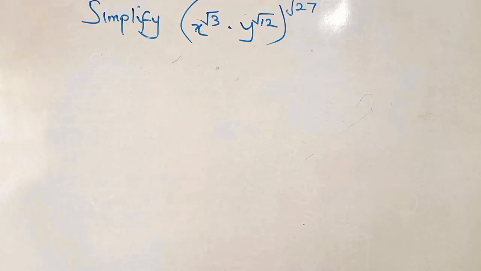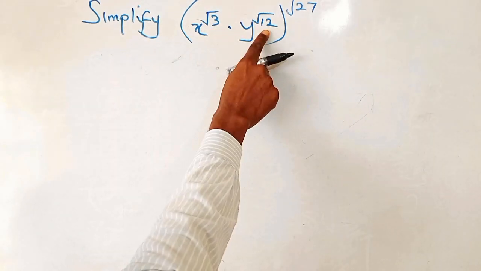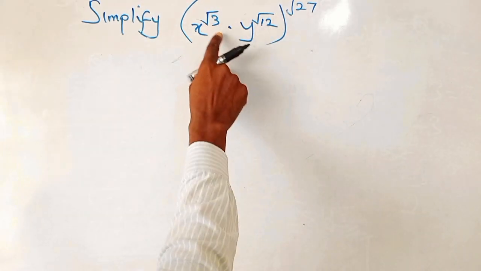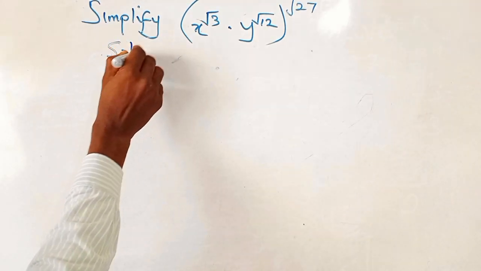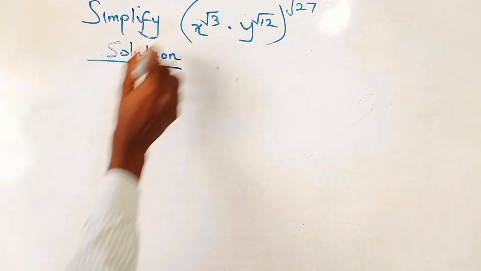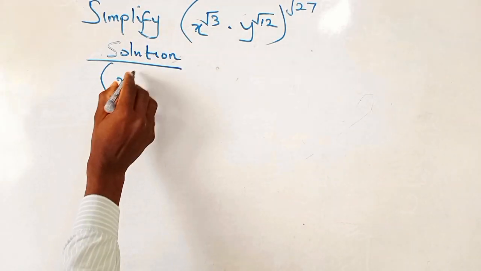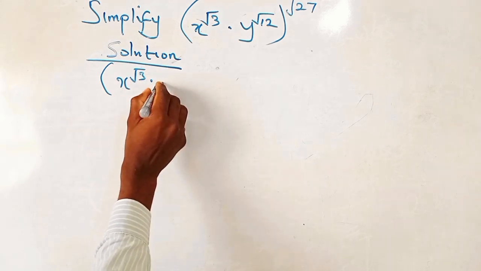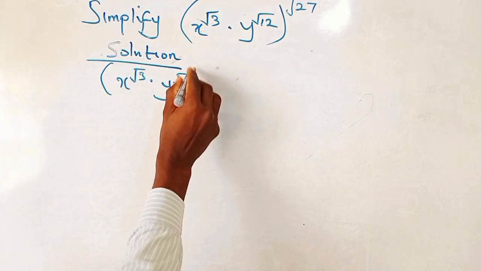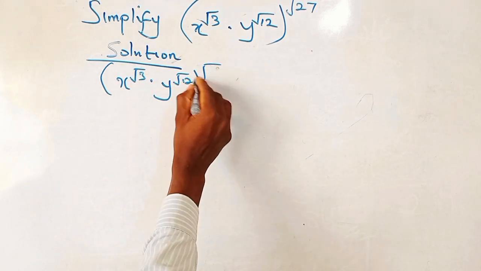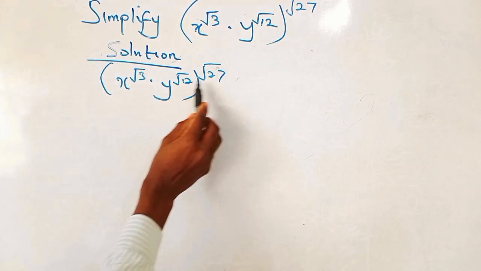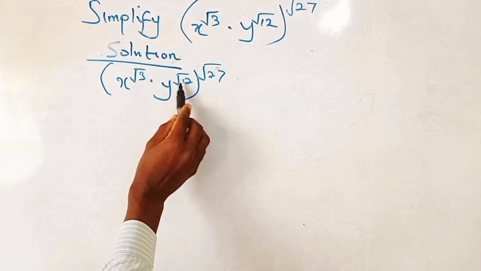The question says simplify the radical powers. So how do we solve it? We have x to the power root 3 times y to the power root 12, and everything is to the power root 27. So we can write this with the same radical.